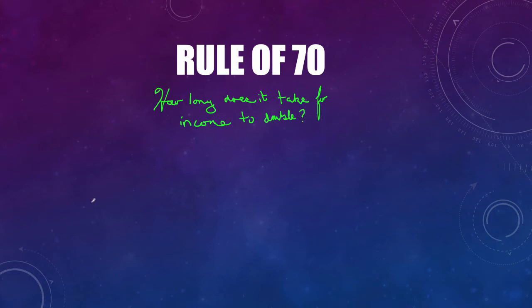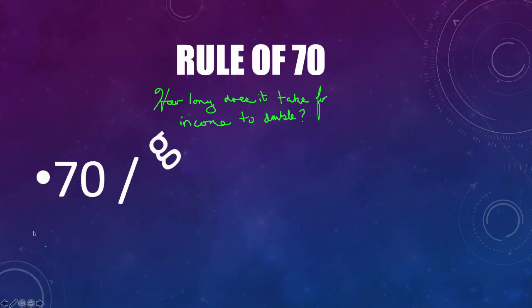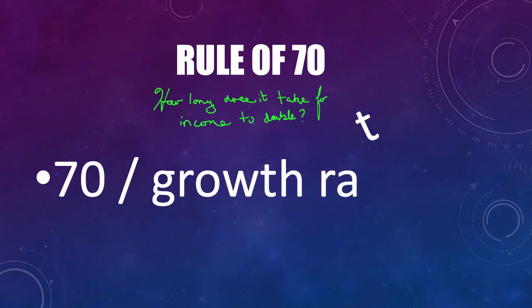The rule of 70 tells us that, and it tells us that in a mathematical way, but in a fundamentally important way. To figure that out, we take 70 and divide it by the growth rate.